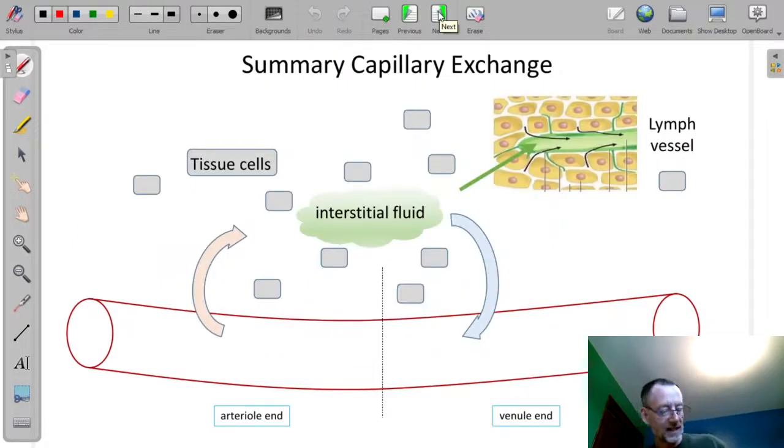The next slide is a chance for you to practice. So you can print out several copies of this, or one copy, do it in pencil, and then just practice. Because what I may do is just give you some numbers and have you calculate the net filtration pressure at either the arterial end or at the venule end of the capillary.